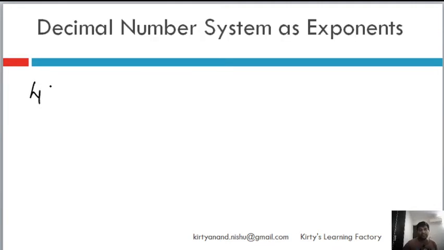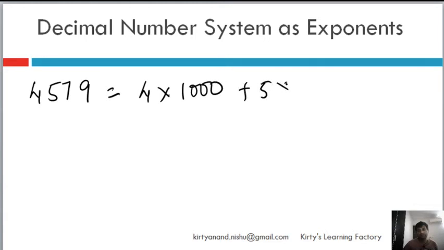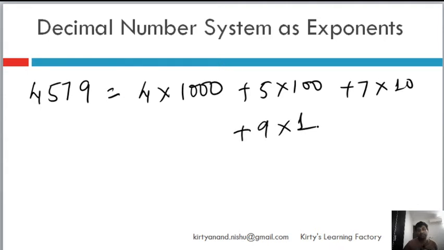Let's take a number 4, 5, 7, 9. If you remember place value principles, it was nothing but 4 into 1000 plus 5 into 100 plus 7 into 10 plus 9 into 1.